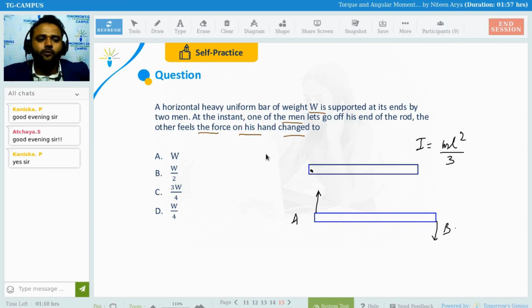And if we need to find the moment of inertia about an axis which is in the middle, that is ml square by 12. So you are going to use this in this question. There is a hint, you are going to use this, and there are two cases. So do this and tell me the answer.